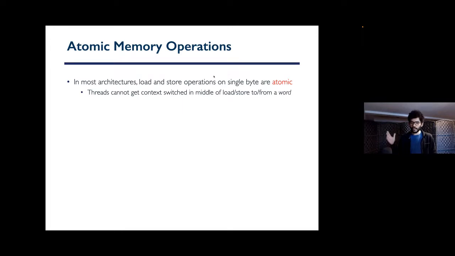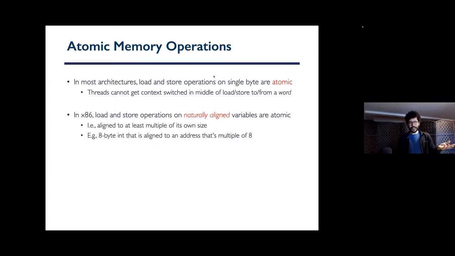So you cannot get interrupted in the middle of it. But if you are, for example, doing a floating point operation, loading or storing a floating point, this from your point of view is just one instruction. But when the hardware executes it, it has multiple parts because you're working with multiple bytes. And there is a possibility that you get interrupted in the middle of it. So it's not atomic.